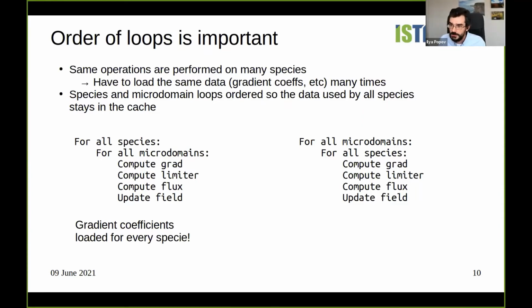In the first case, we can notice that each species actually uses quite a lot of the same data: gradient coefficients, cell centers, face areas, and these fields have to be loaded over and over for every species. So by changing from the structure on the left to the structure on the right, we can reduce the number of loads.